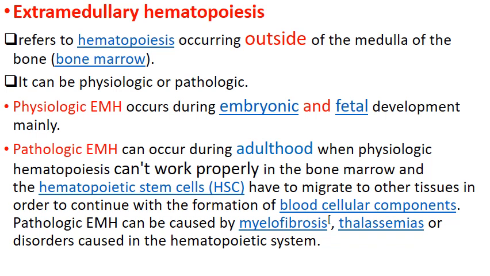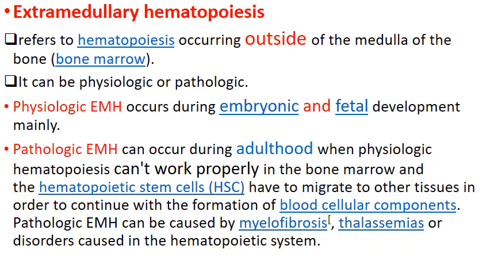It might be physiologic, as in the case of embryonic and fetal development in the embryo. Pathologic extramedullary hematopoiesis can occur during adulthood when the physiologic hematopoiesis cannot work properly in the bone marrow.